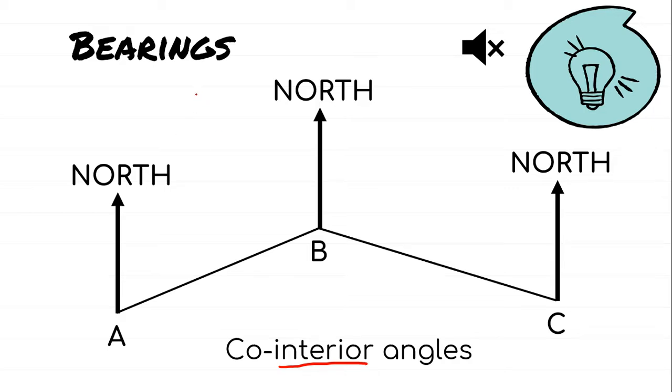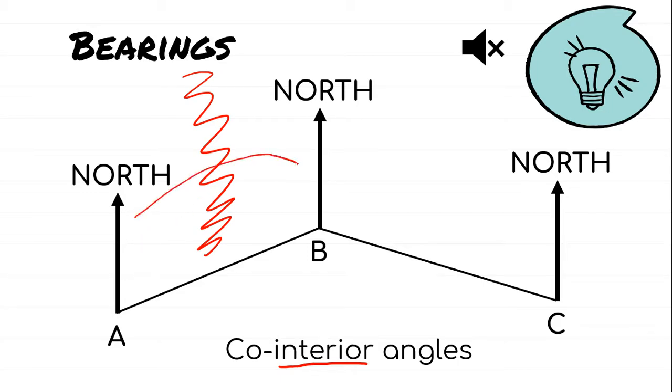So we're going to think about inside between A and B. This space here is like the space inside A and B. So anything in here is the interior of A and B. And co, you can think of a company or cohabitating, or words to do with co are about together. So we're talking about the angles that are together inside A and B, if we're talking about the co-interior angles.